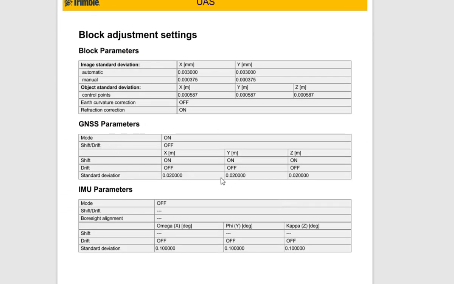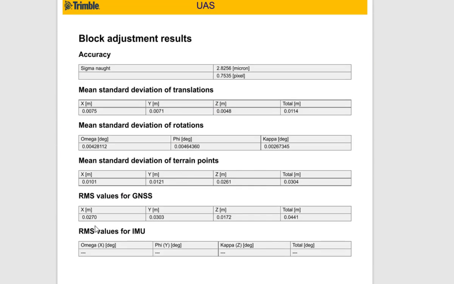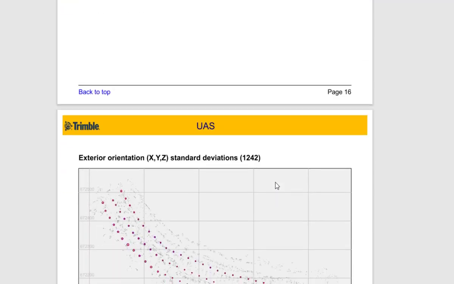So we have the 2 centimeters in GNSS, and it was able to hold approximately the quality. Here 3 centimeter in position and 1.7 centimeter in height. And also on the ground we are reaching our 1 centimeter and 2.5 centimeters quality, which is really nice.